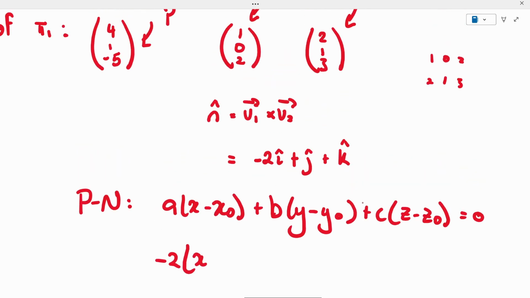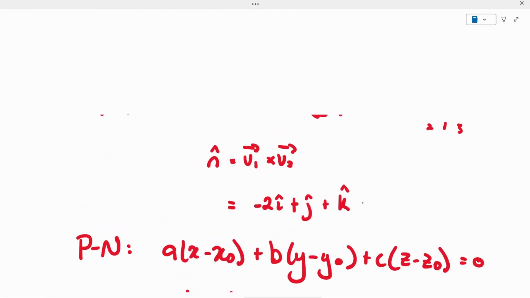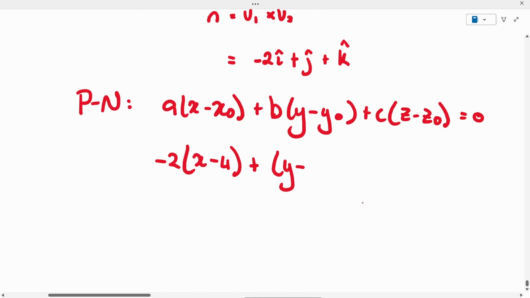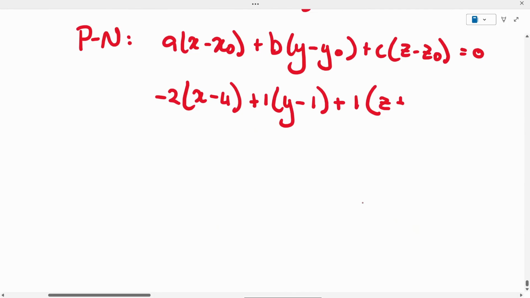X minus what's the point? Point is 4, 1, minus 5, so minus 4. Plus B, which is 1, y minus 1. Plus C, which is 1, z minus minus 5, that'll change to plus 5 equals 0.